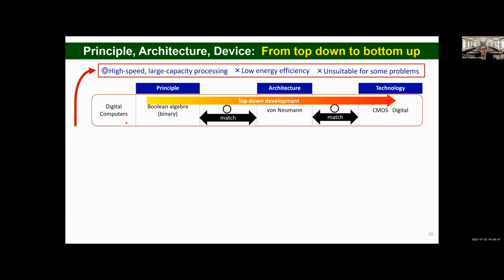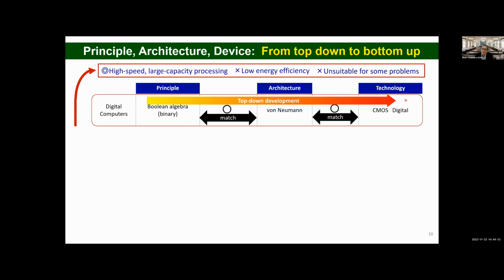Actually, the development of digital computers started from a principle, which is Boolean algebra, and then von Neumann proposed the architecture, which is the von Neumann architecture, and to implement this architecture efficiently, technologies have been developed.